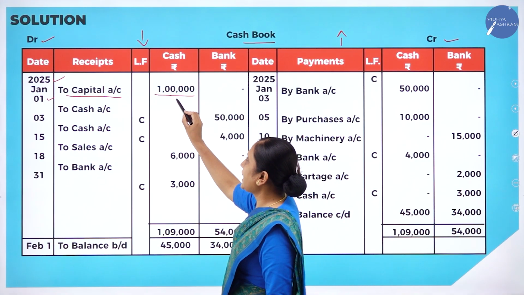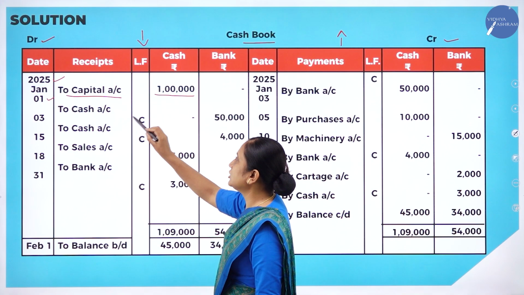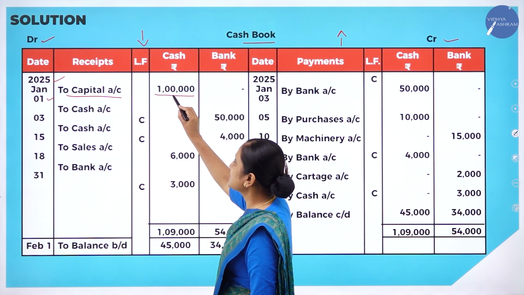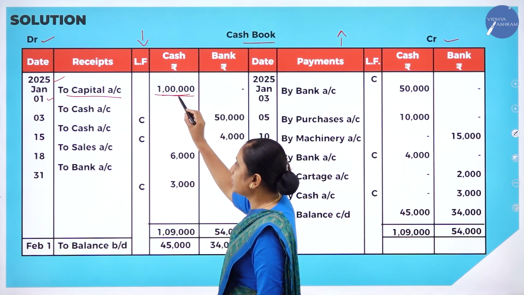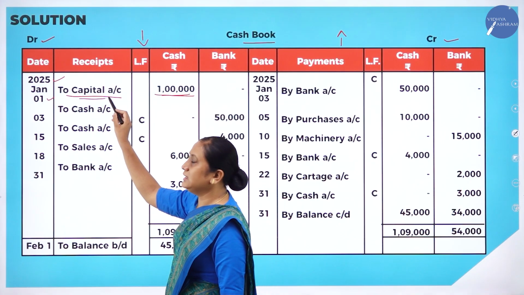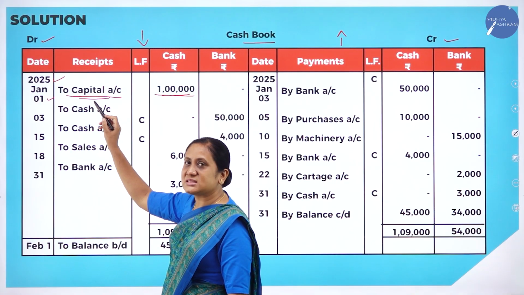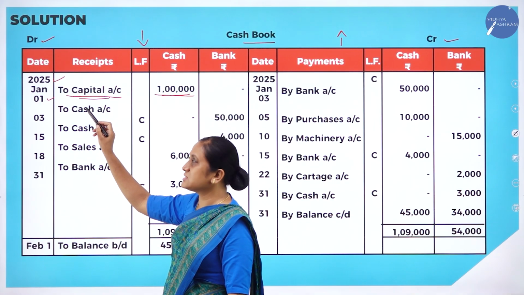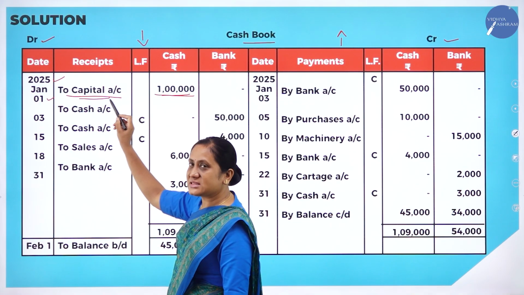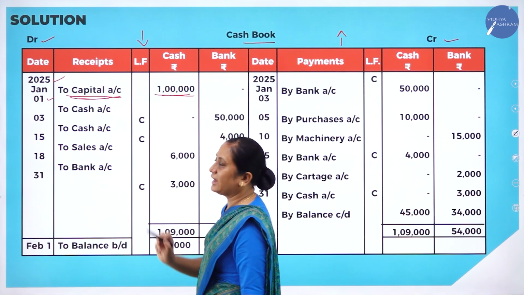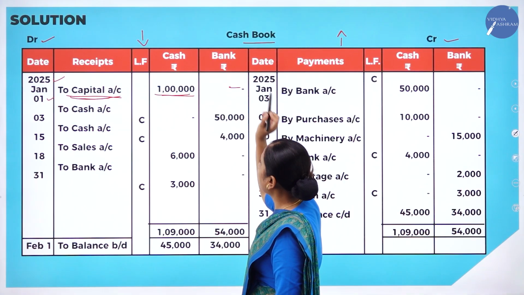See here, 1 lakh cash is coming in. That is why we have written it on the debit side, in the cash column, because cash is coming in, in the form of capital. 1 lakh is coming into the business as capital to start the business. So we can call this 1 lakh capital, right? So we will write it as to capital account 1 lakh and bank column dash.